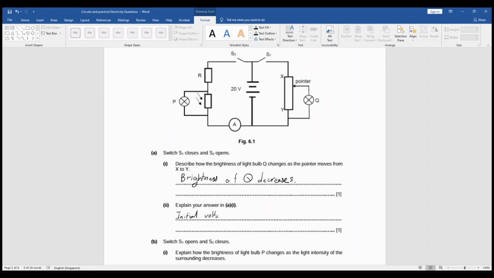Initial voltage across light bulb is 20 volt and gradually decrease as the pointer move from X to Y. Okay, can.